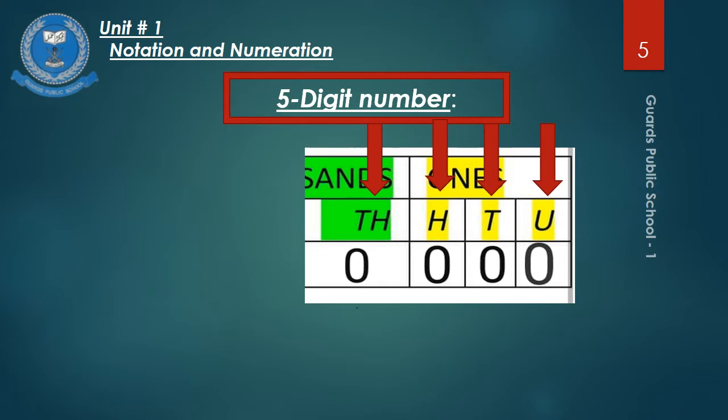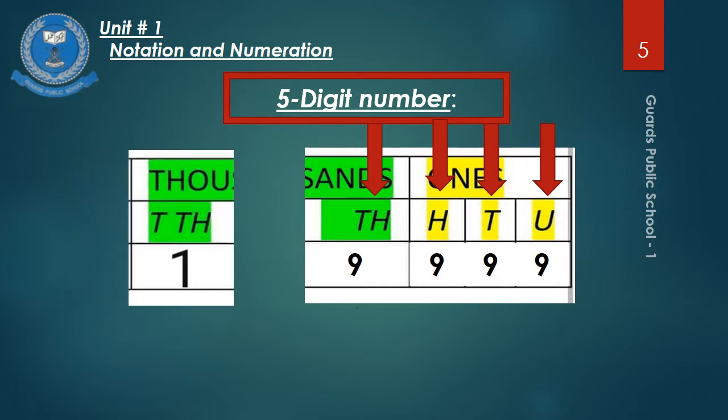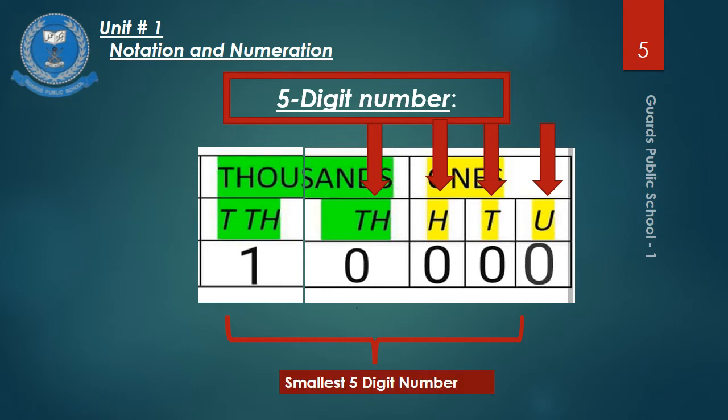Now when we add one more unit to 9999, which is the largest 4-digit number, it becomes a 5-digit number called 10,000, and 10,000 is the smallest 5-digit number. Clear to all of you?